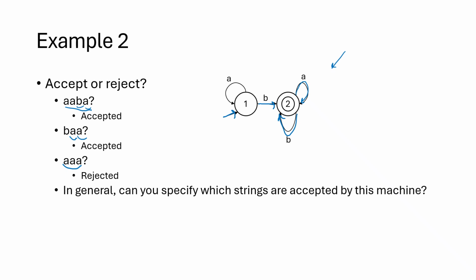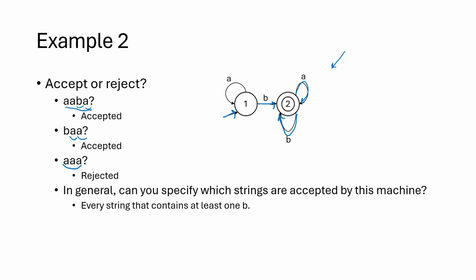So in general, we can wrap this up and say every input stream that contains at least one B will be accepted, because with that one B you get to 2, and then whether there are more B's or A's after that, you're still going to stay at 2, which means that at the end the input will be accepted.